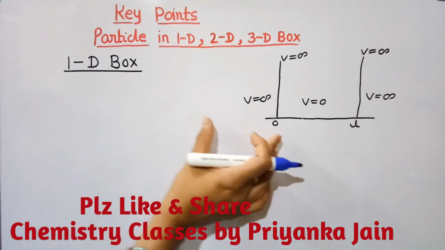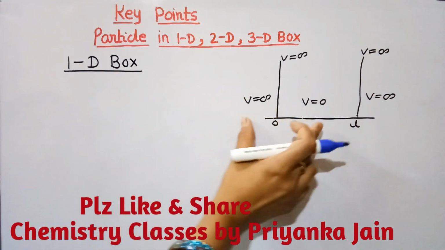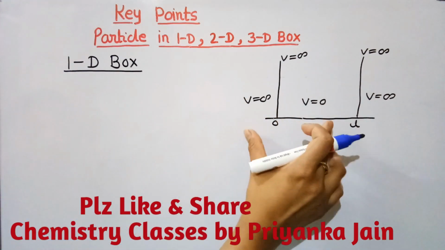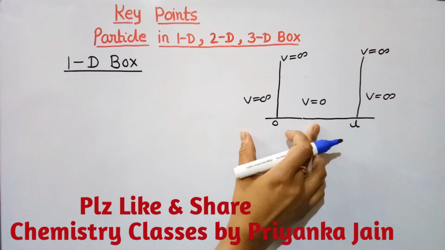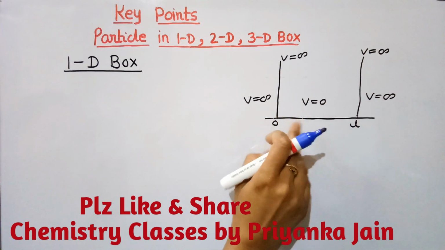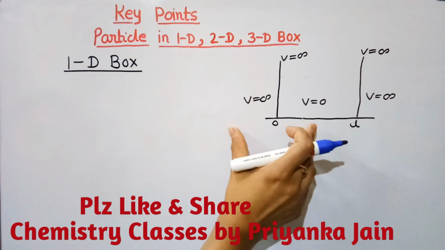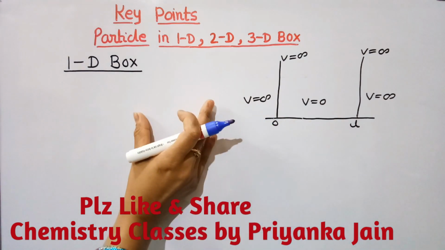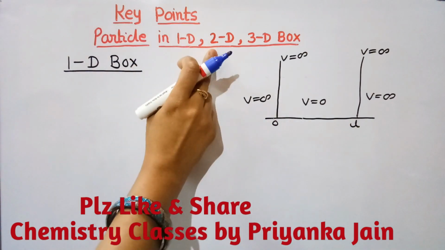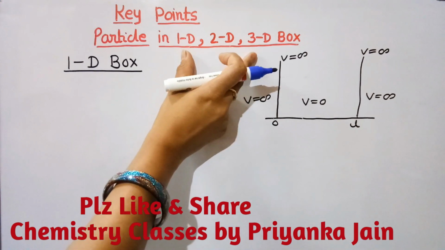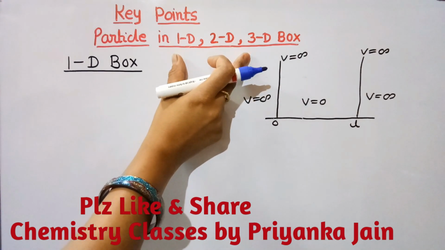I have already told you about this in my previous video. If a particle is confined in a box of one dimension, then its motion is translational motion. Similarly, a particle in 2D and 3D box, all of these are examples of translational motion.